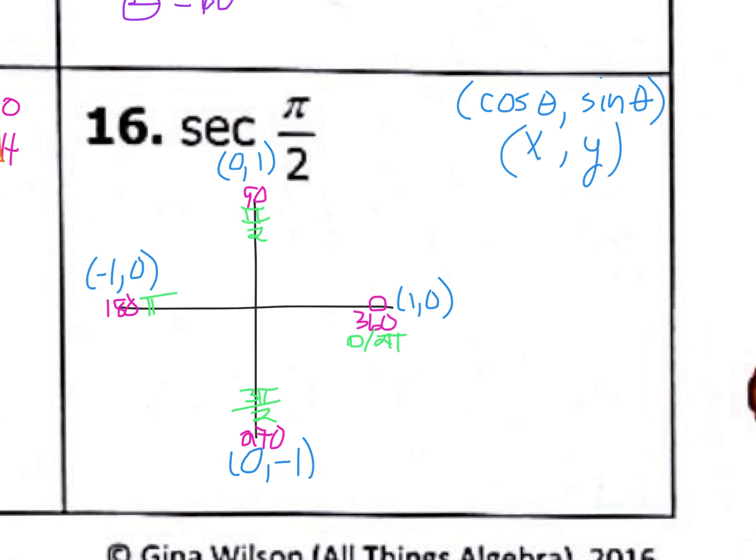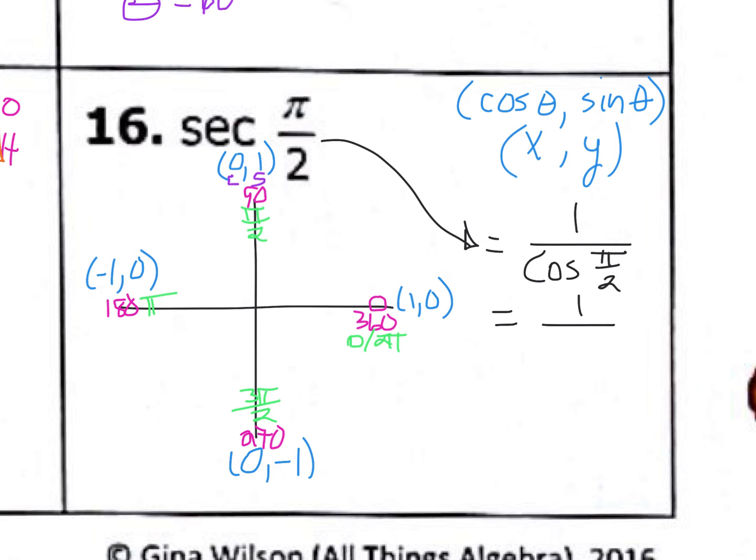Well, we have the secant of pi over 2, and hopefully you know that that's the same as 90. So remember, the secant is exactly the same as 1 over cosine; the secant is the reciprocal function to cosine. So we have 1 over the cosine of pi over 2, because as we look here, this is cosine and this is sine.